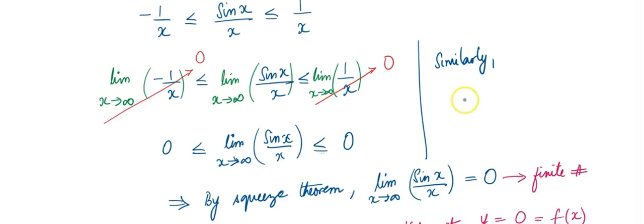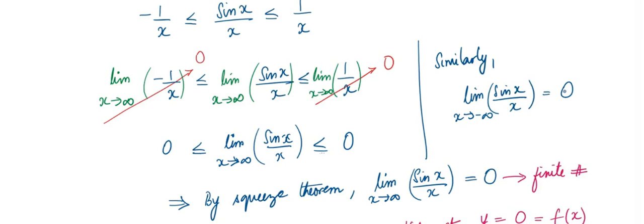Similarly, limit of sine x over x as x approaches negative infinity, that was the whole point, equals 0. Okay. So we get both sides approaching 0.